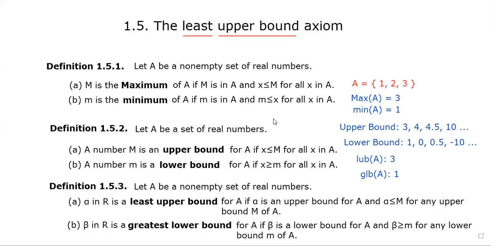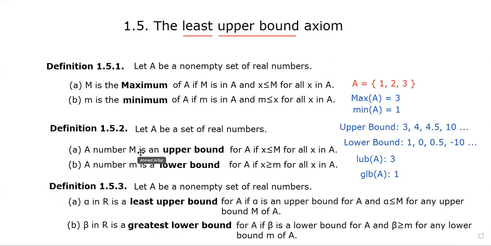So now, going from here, we're going to try to understand what is an upper bound and a lower bound. So let's go through the second definition. Let A be a set of real numbers.